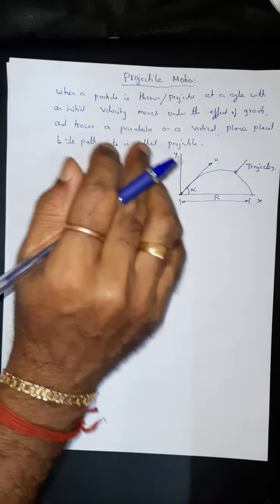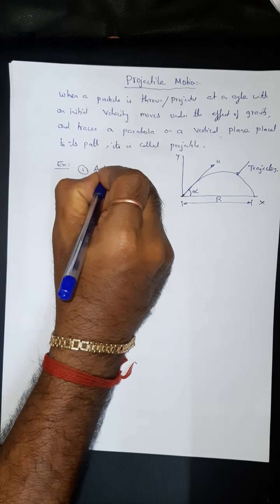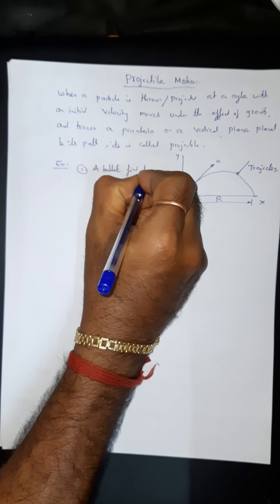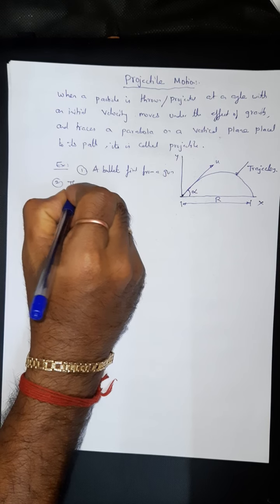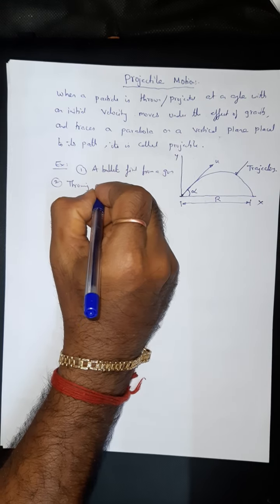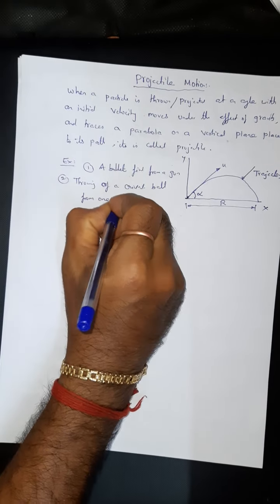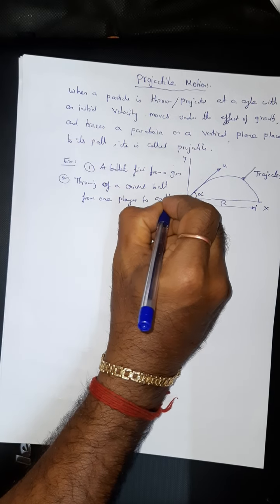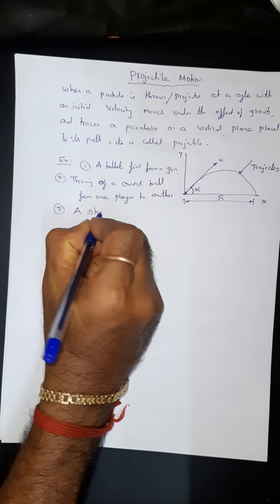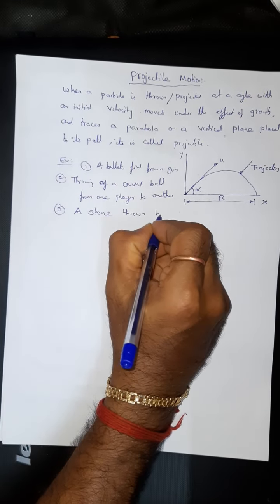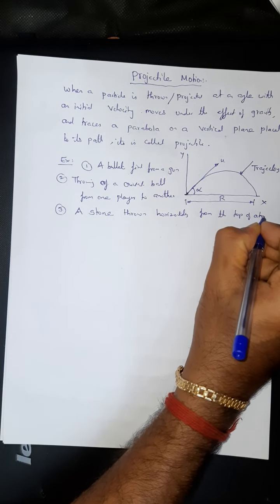Examples of projectile motion are a bullet fired from a gun, throwing a cricket ball from one player to another, and a stone thrown horizontally from the top of a tower.